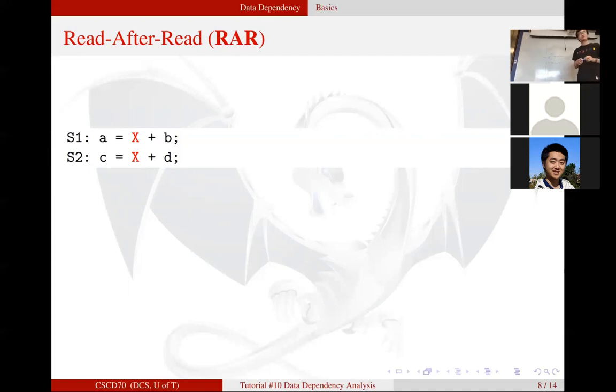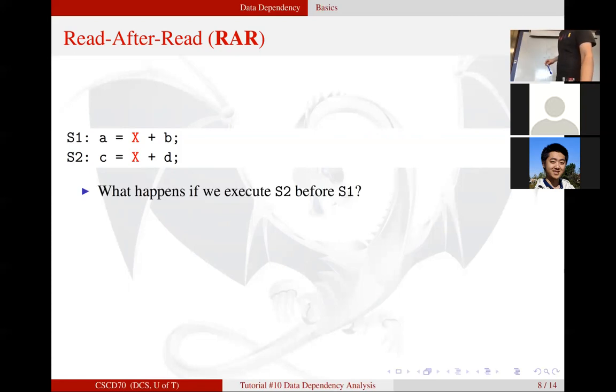Well, nothing happens. It doesn't really matter if we read S2 before S1. So why do we care about read after read data dependencies, since they don't seem to affect program correctness?